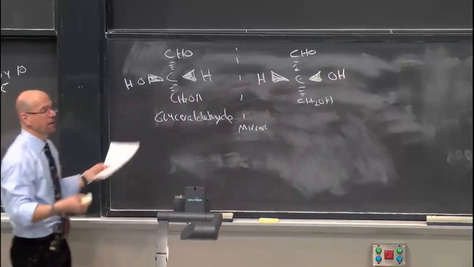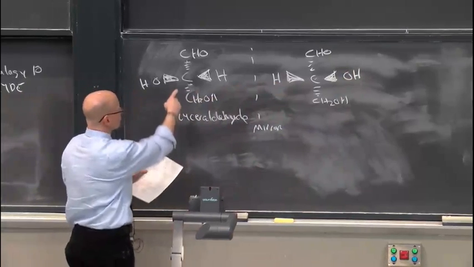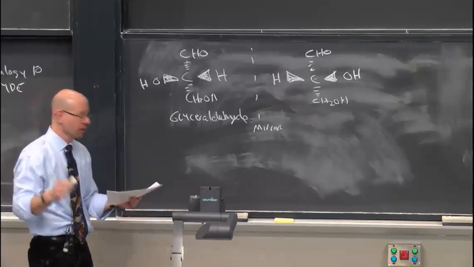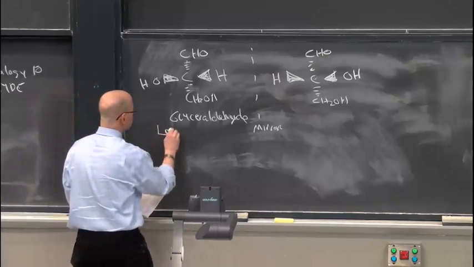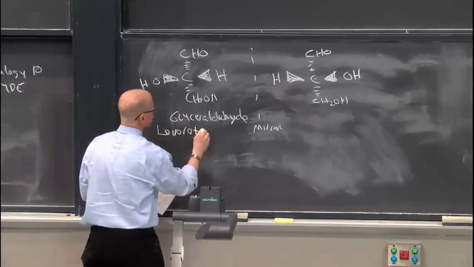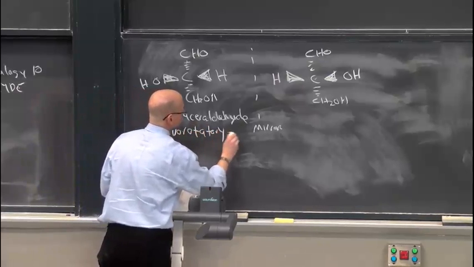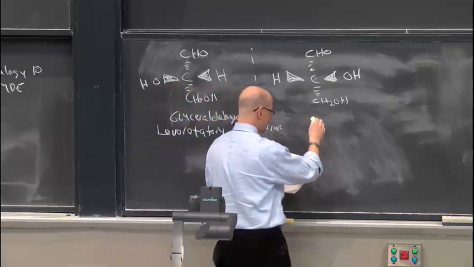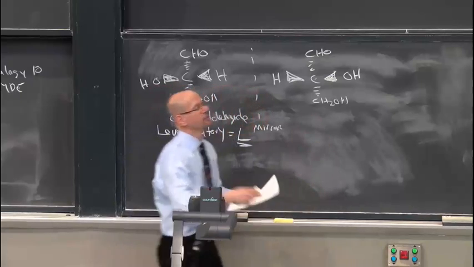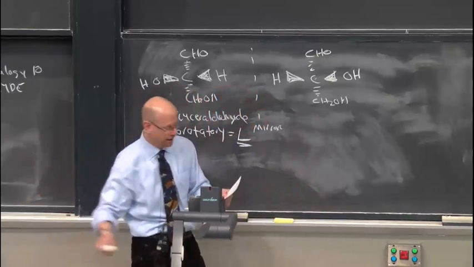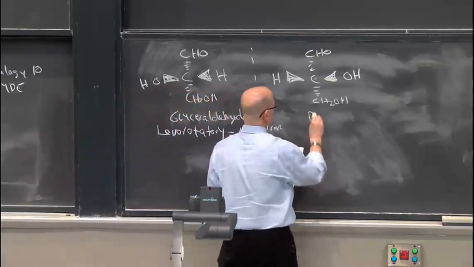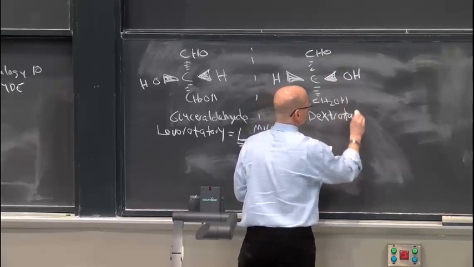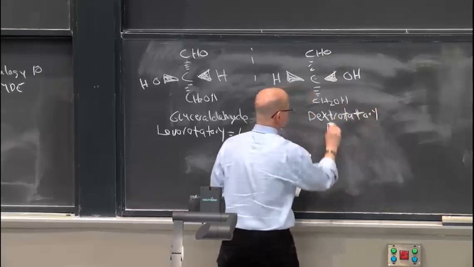It turned out that this isomer of glyceraldehyde rotated a plane of polarized light to the left, and so this was called levorotatory, or the L form of glyceraldehyde. This rotated a plane of polarized light to the right, and dextro is Greek for right, and so this was dextrorotatory, or D-glyceraldehyde.